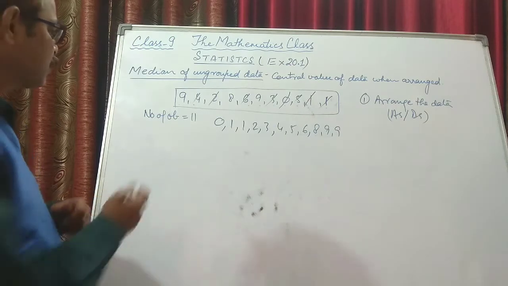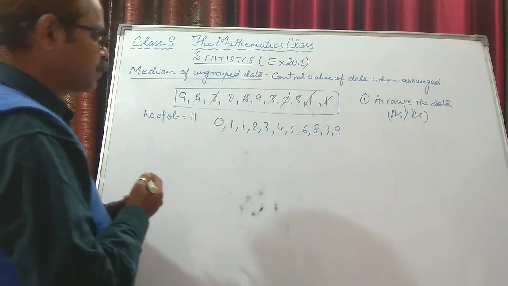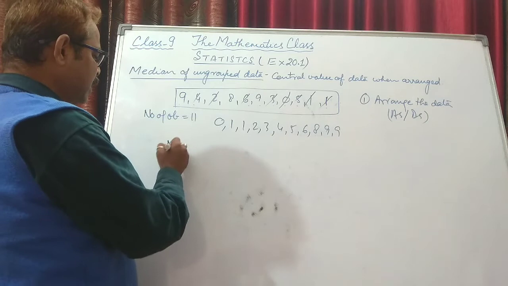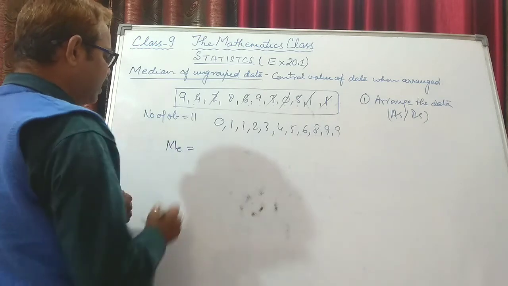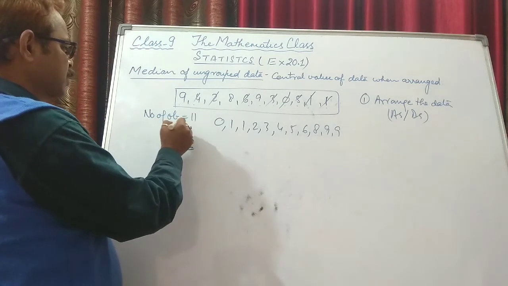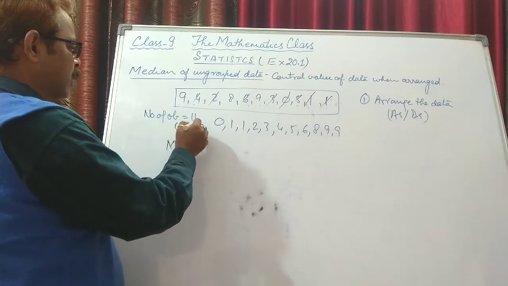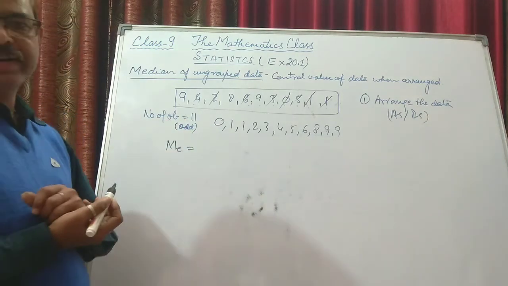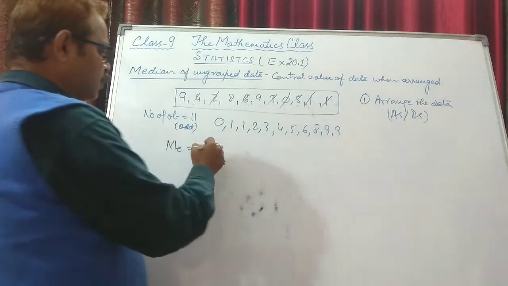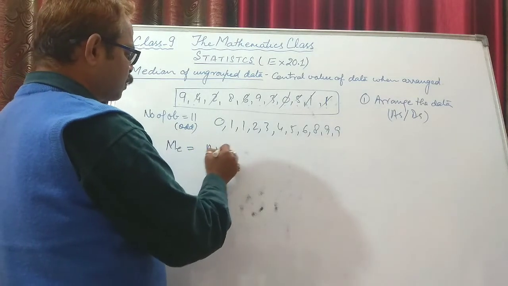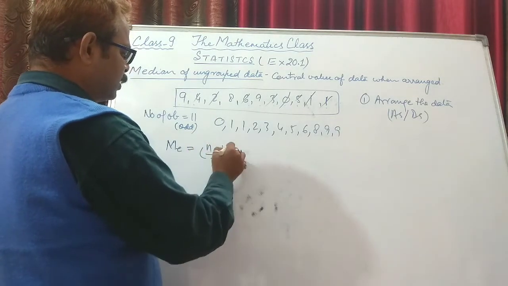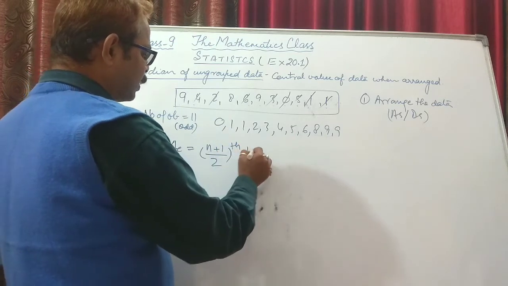Now number of observations is 11, so we have to find the median. How do we find it when the number of observations, 11, is an odd number? When it is an odd number, we use the formula (n plus 1) upon 2th term.